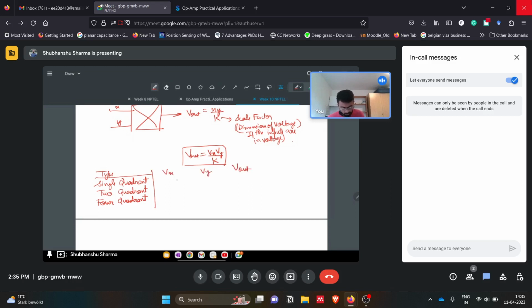In a single quadrant multiplier, there is only a single polarity. Vx is unipolar, Vy is also unipolar, and we get the output also as unipolar, having only one polarity. Then we have the two quadrant, where one input is bipolar and the other is unipolar. So the output will be bipolar.